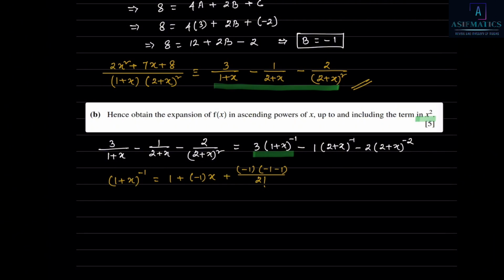So that x square is this one, and up to the x square terms, the question says up to the x square terms, so we do not need anything further than this.